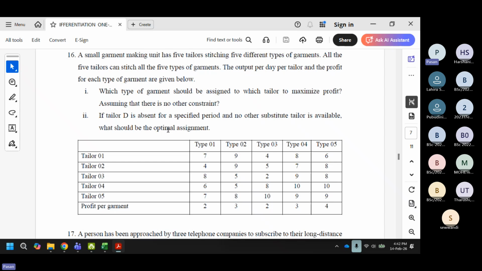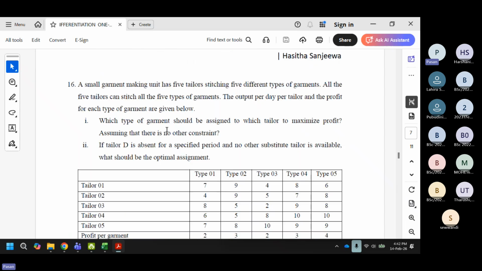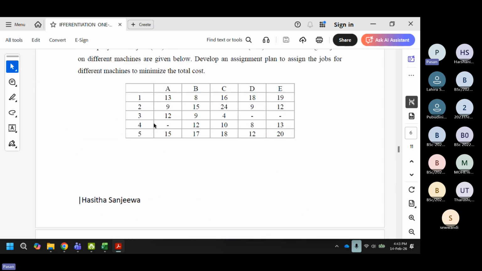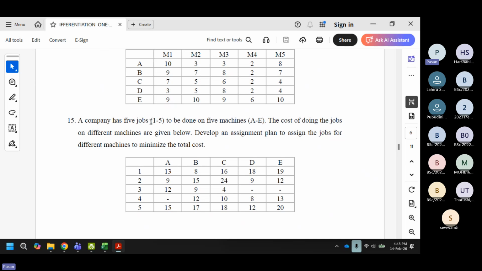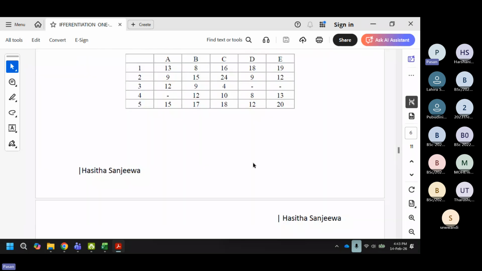Okay, so that's the kind of other question you can have. Of course, you can try these other questions as well. This is again a similar type of question. I will provide you all these questions. This one is in terms of cost, so you can minimize the cost.